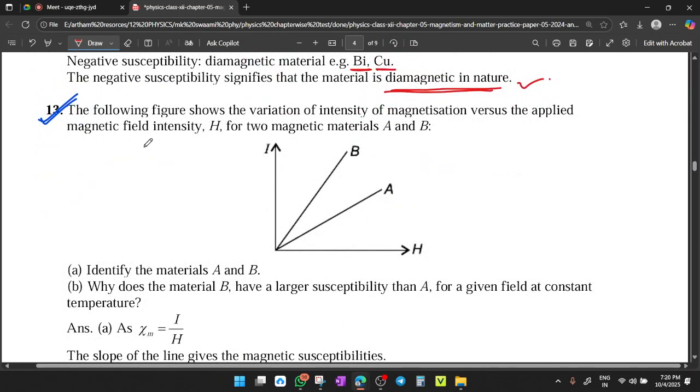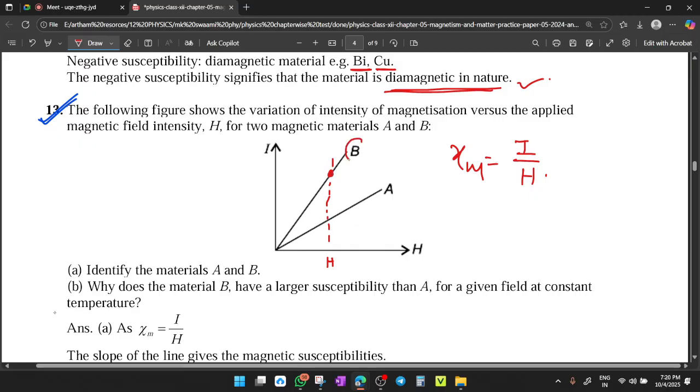Question number 13. The following figure shows the variation of intensity of magnetization with the applied magnetic field intensity for two materials. Identify the materials A and B. See here, if you take a constant H, then chi m equals I by H. So which will have greater I?